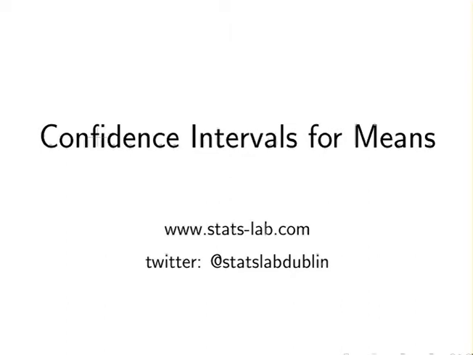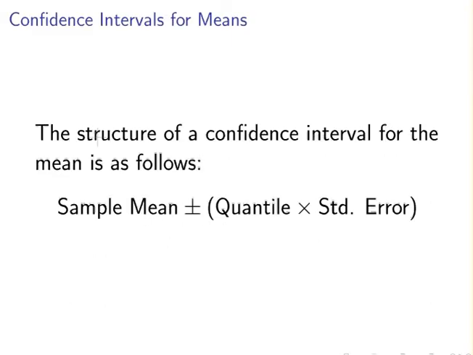In this presentation, we're going to look at confidence intervals for means. So the general structure of a confidence interval is given as follows for when we're discussing the mean. First off, we have the sample mean, a value called the quantile, which I'll discuss later on, and lastly this thing called a standard error, which we have to compute.